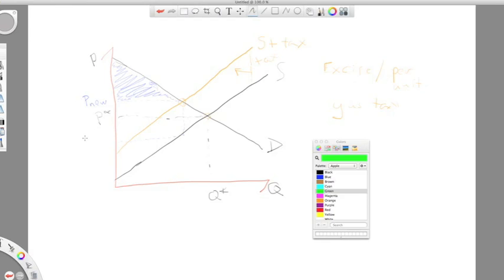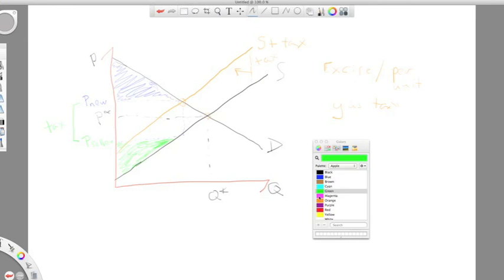So the price that the seller gets down here, price for seller, is P new minus the tax. So again, this vertical distance is the tax itself. So this is the price that the seller receives. This is their supply curve. This amounts to the gain that they're going to receive from this transaction. So that's producer surplus, the green triangle.